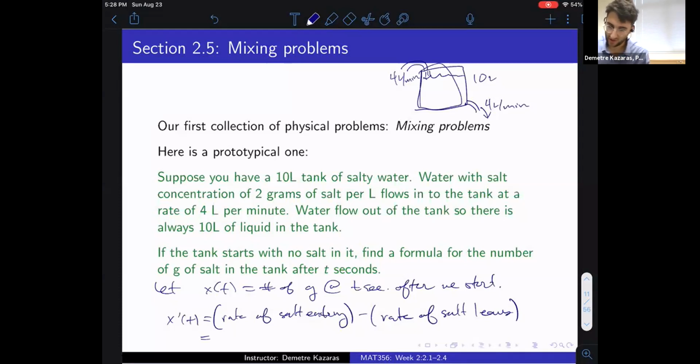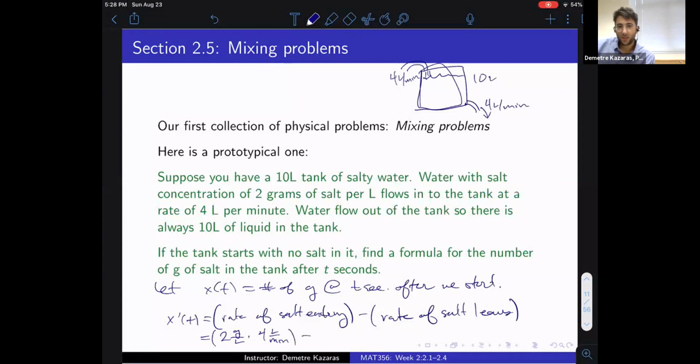It's 2 grams per liter times the rate at which the liquid comes in, which is 4 liters per minute. The units cancel and we are left with 8 grams per minute incoming.